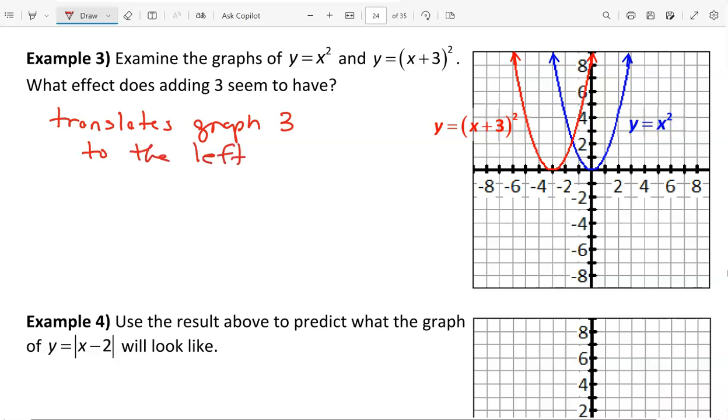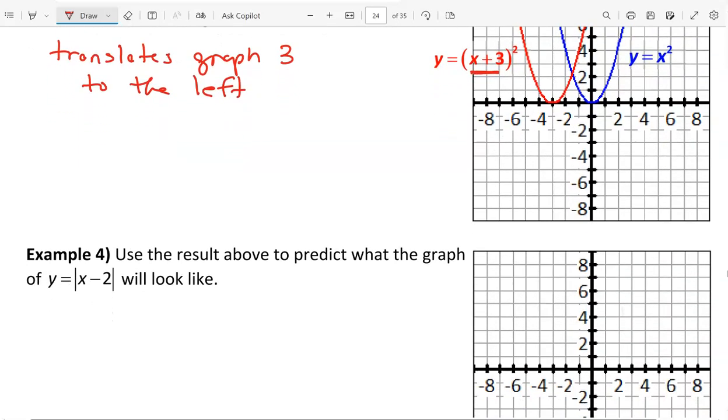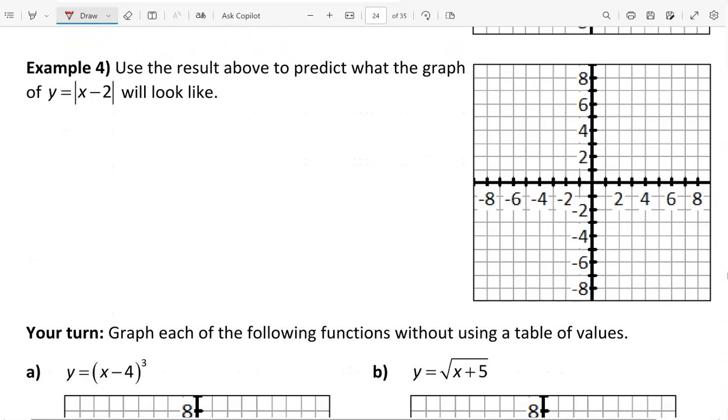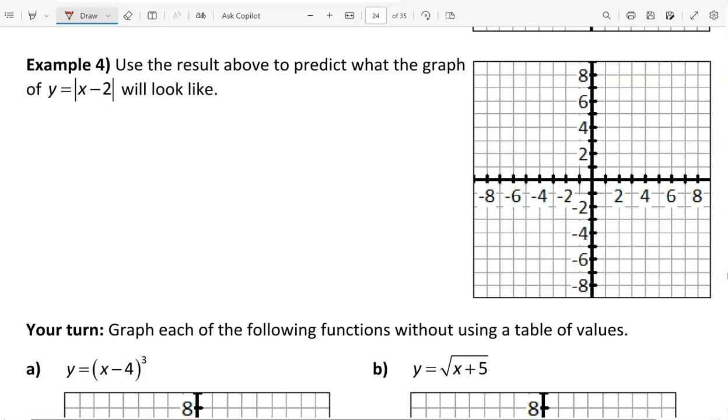Now, when we added 3 before, it would translate the graph up 3. But this addition is happening on the inside of the squaring, so it's going to affect the input value, or the x value.